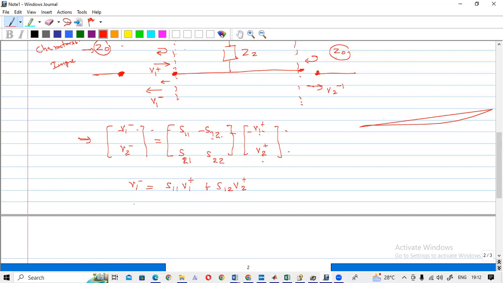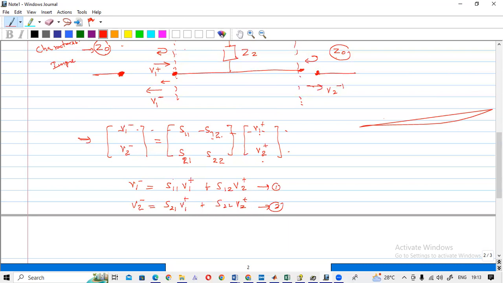In the same manner, you can write the second equation, that is V2 minus is equal to S21 V1 plus S22 V2 plus. Okay, so these are the equations.